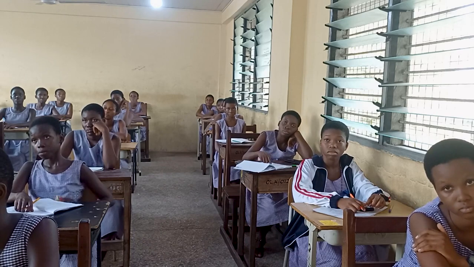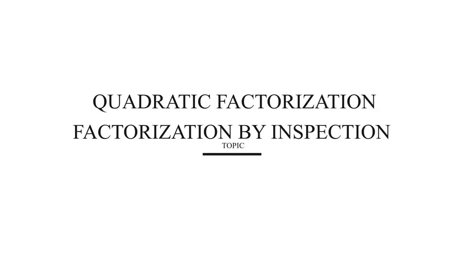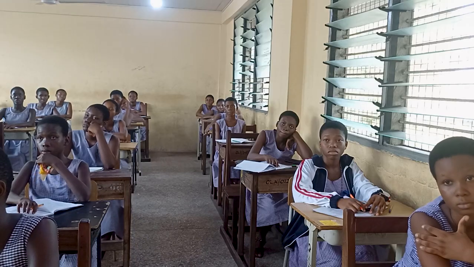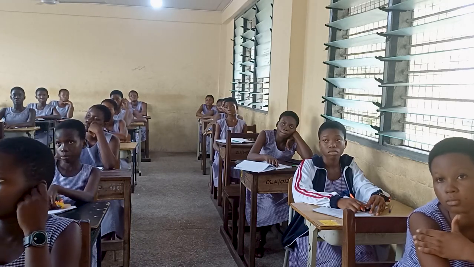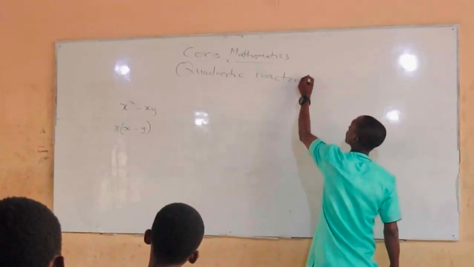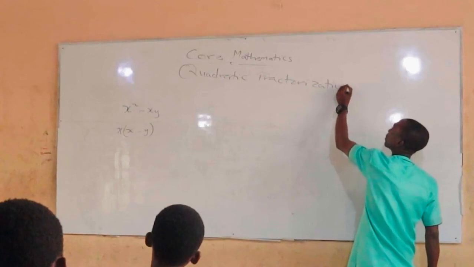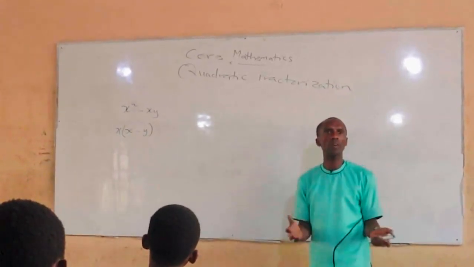In today's lesson, we'll be looking at how to factorize a quadratic expression or equation. So in short, we are looking at quadratic factorization. What then is quadratic factorization? Let's write.